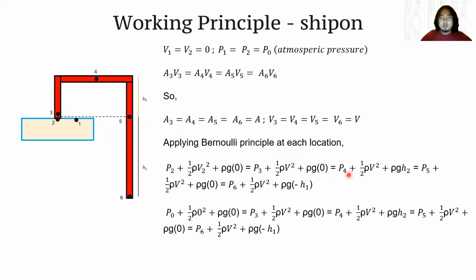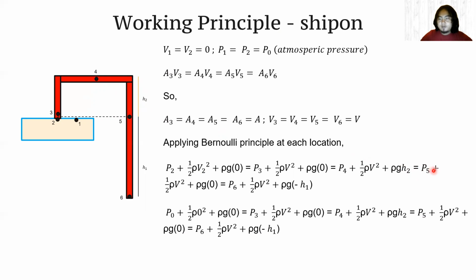And for the fourth location, P4 plus half rho V4 squared plus rho gH2. Why is this H2? Because location 4 is located at some specific distance, which is H2, from the reference line.